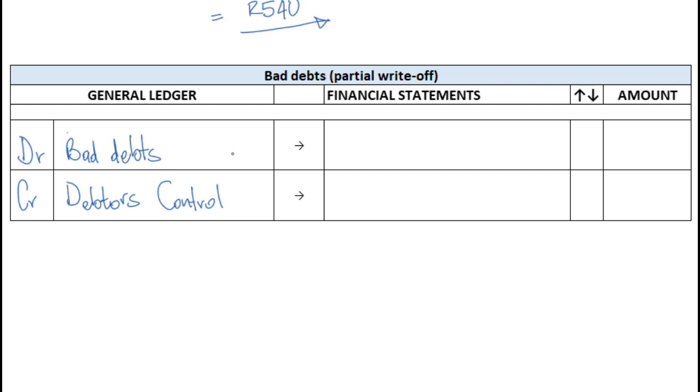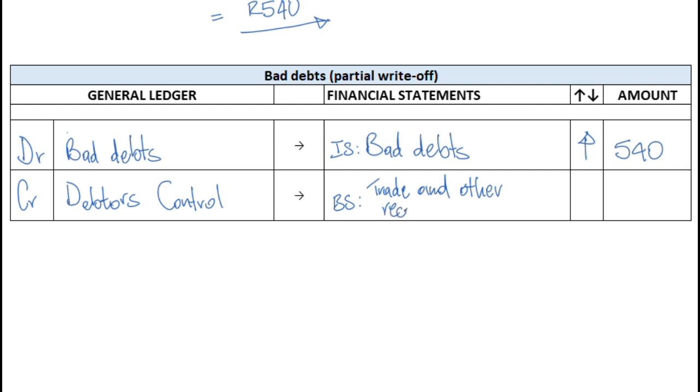This means that in our financial statements, bad debts sits in the income statement and it will be increased by an amount of 540 rands. Debtors control sits in the balance sheet under the line item trade and other receivables.